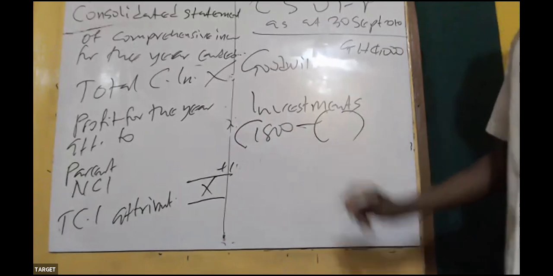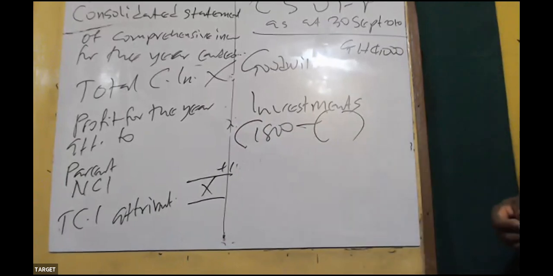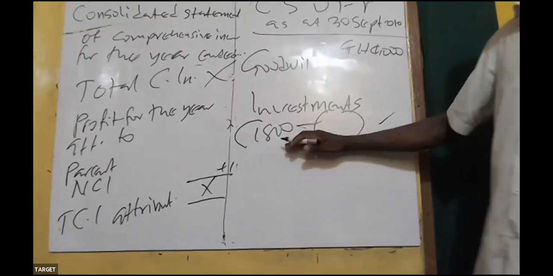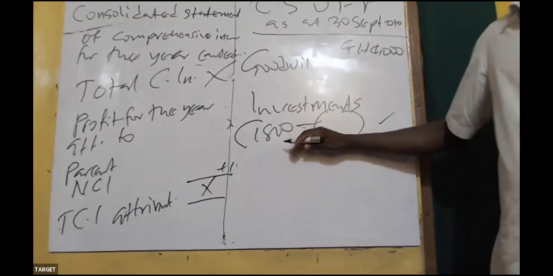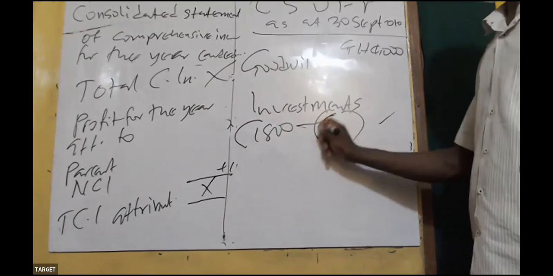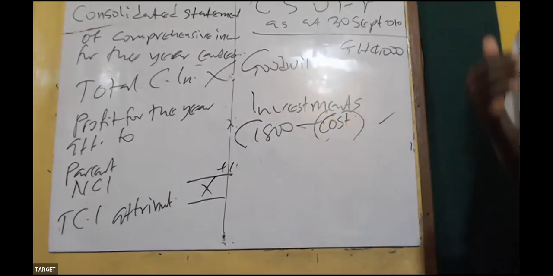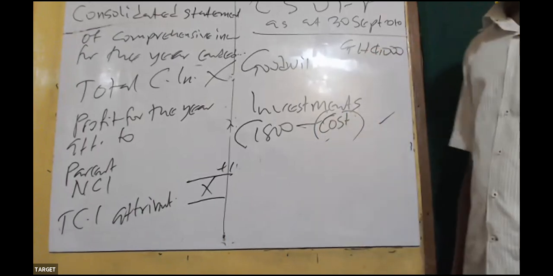Subtract the fair value or the cost of control which has been recorded from it before you get the other investments. So that one will do the consolidation. When you see investments, you subtract the recorded cost of control. Recorded, not unrecorded figure, please.